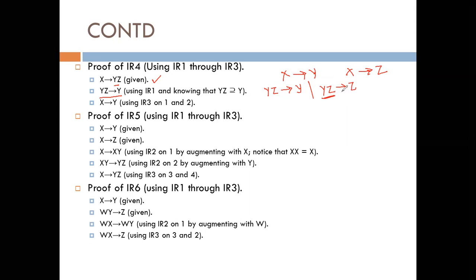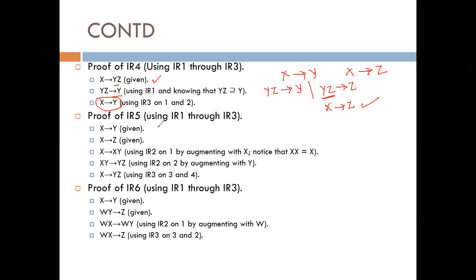Since x determines yz and yz determines y, by applying the transitive rule we can write x determining y. Similarly, x determining yz and yz determining z gives x determining z. So based on the reflexive rule and the transitive rule, we can deduce x determines y and x determines z.